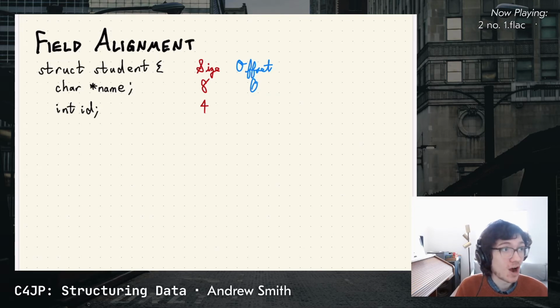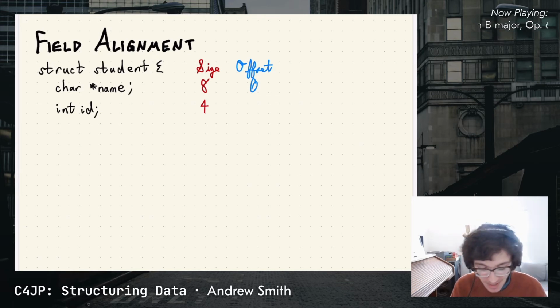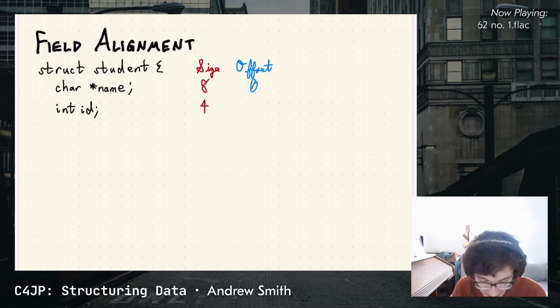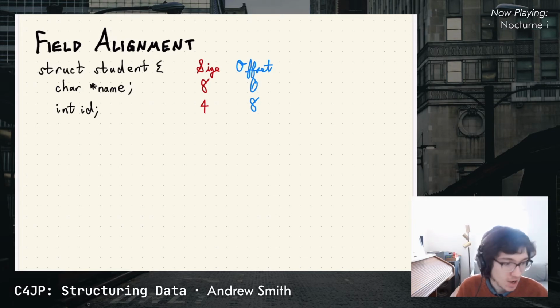The offset of this field has to be at least 8, right? It has to be at least 8 because we have to be able to fit our char pointer into memory. We can't overwrite part of that char pointer. And it needs to be at least 8 and be fully divisible by 4. And the good news is, hey, 8 is divisible by 4. And so we can just have this ID be at offset 8.